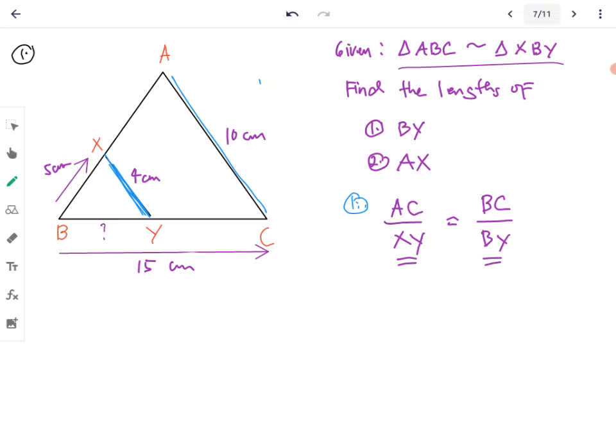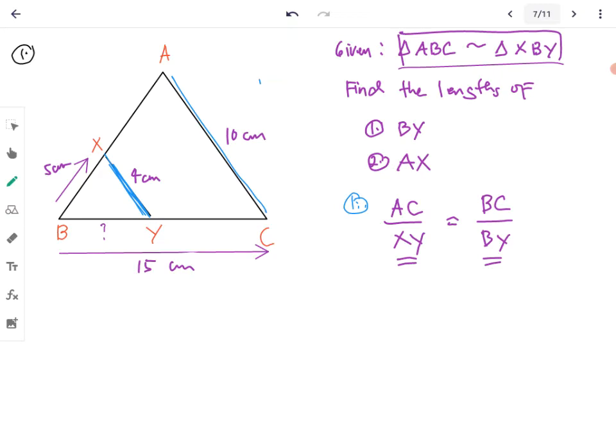Why do we make AC over XY equal to BC over BY? AC and XY are corresponding sides, and BC and BY are also corresponding sides. Why are we making equations of the ratios? Because they are already declared as similar triangles, so the properties are applicable. What are the two properties? The first is that the corresponding angles are equal.